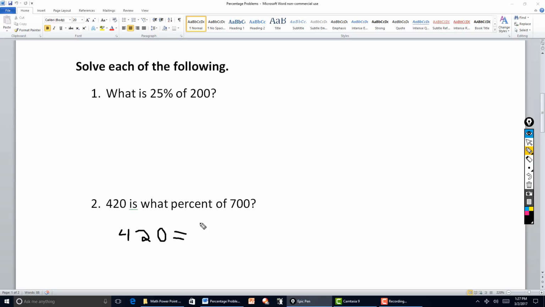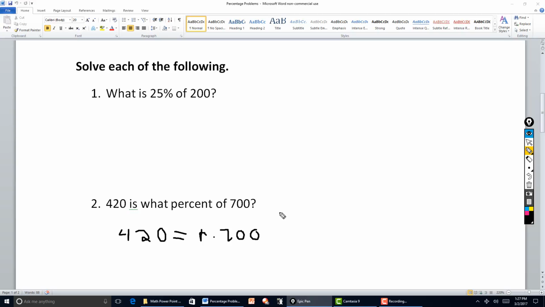What percent, so we're looking for the percent, so this would be R. "Of" means multiply. So we get 420 is equal to R times 700, or 700 times R.